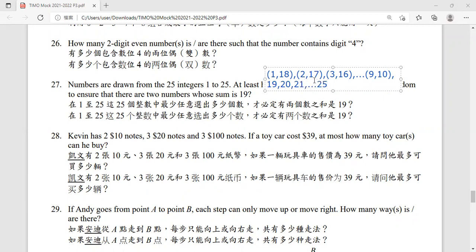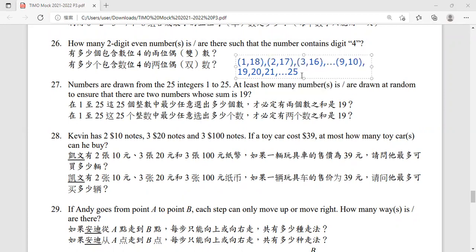Because we need to ensure that the case happens, in some unlucky cases, we will get 19 to 25 drawn, and all the pairs get one number drawn, and then the last number will get the job done. So you can use the formula 25 minus 9 groups, so minus 9 plus 1.